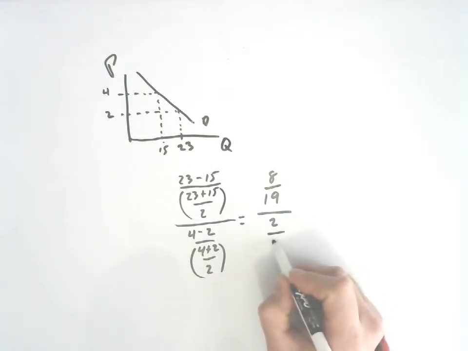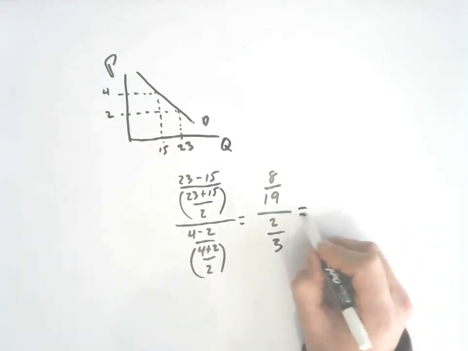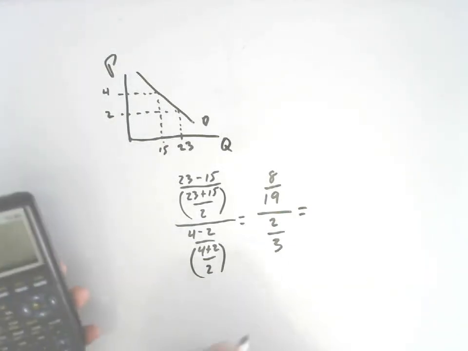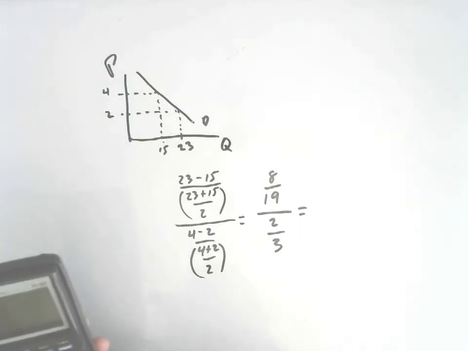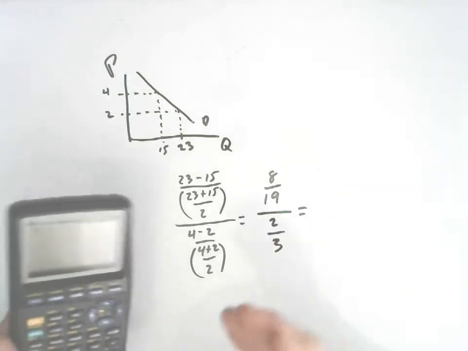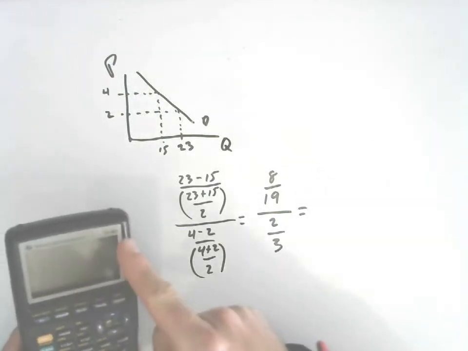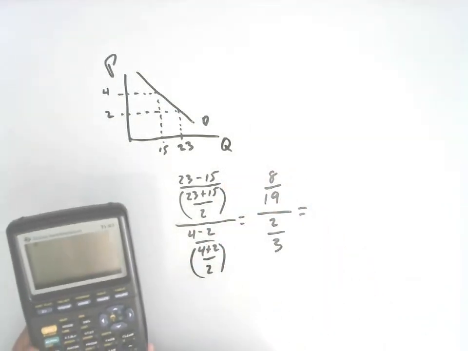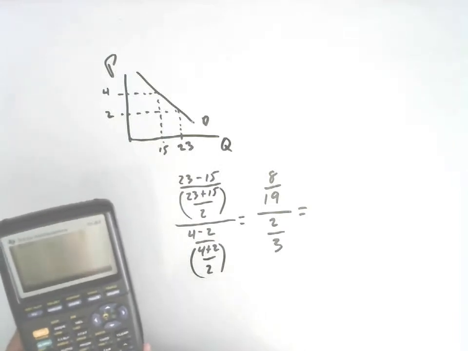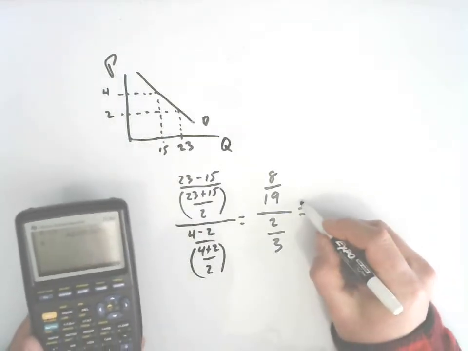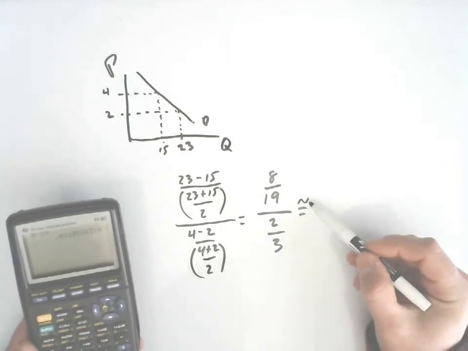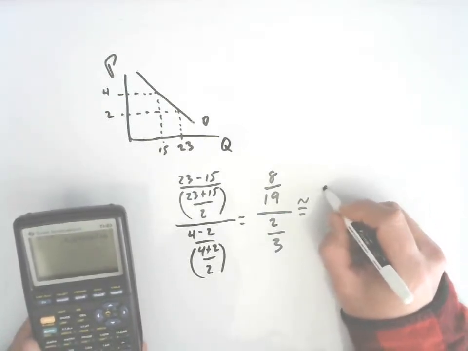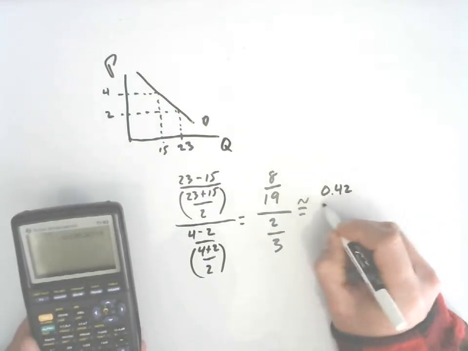Now, doing something like this, we need to break out the trusty TI-85 calculator. I'm not pushing Texas Instruments. This is just a YouTube video. I'm using a TI-85 calculator. You can use any calculator you want, it doesn't matter. 8 divided by 19 is approximately 0.42.